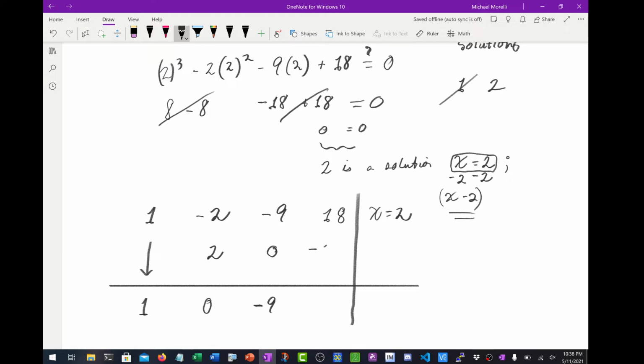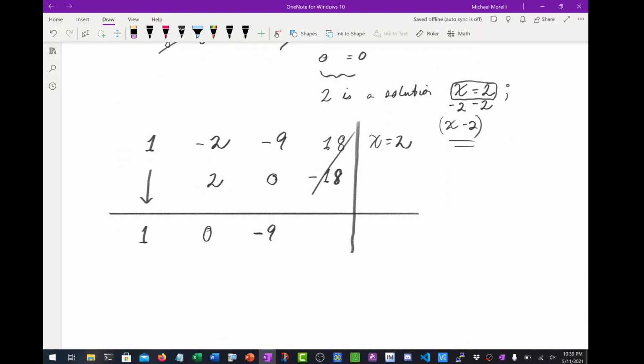That's negative 18. And then these add to be 0, and so we don't even need to write that 0. We just need to look at these three numbers and put an x squared here plus 0x minus 9. So we're constructing a quadratic. So this is our quadratic.